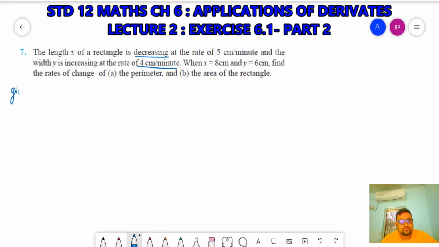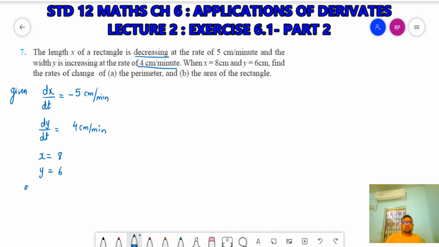Let me write down first the given thing: dx by dt, as it is decreasing, I will use minus 5 centimeter per minute. And dy by dt will be equal to plus 4 because it is increasing, when x is equal to 8 and y is equal to 6.